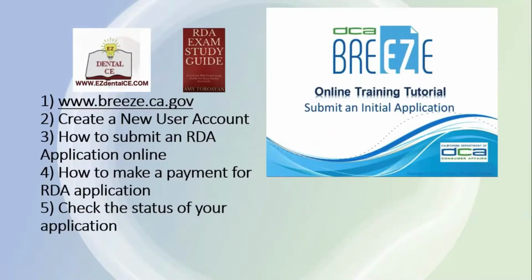After creating the user account and submitting your application, you will be able to visit the site after 2 weeks and check the status of your application to know what's missing, if there is anything missing, or if they're done with the process and want to mail you the packet for your exam. So we'll learn all about that.